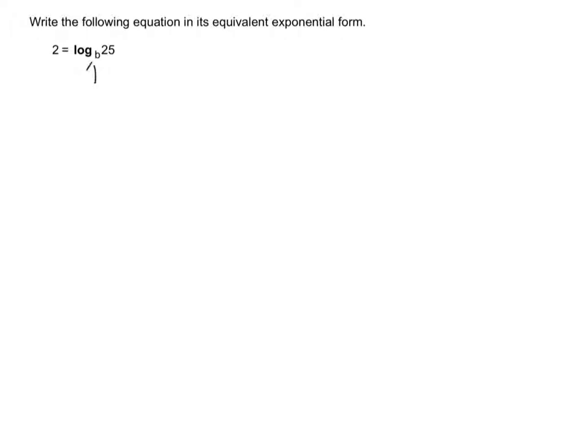So the base is the small value written beneath the log. So this is our base. Then the 25 in this case is our answer to our exponent problem. And then the 2 is our exponent.